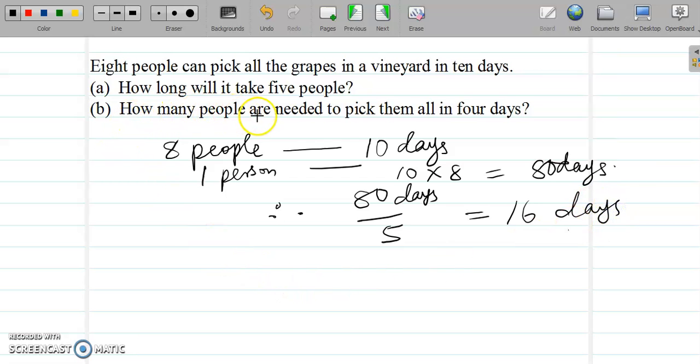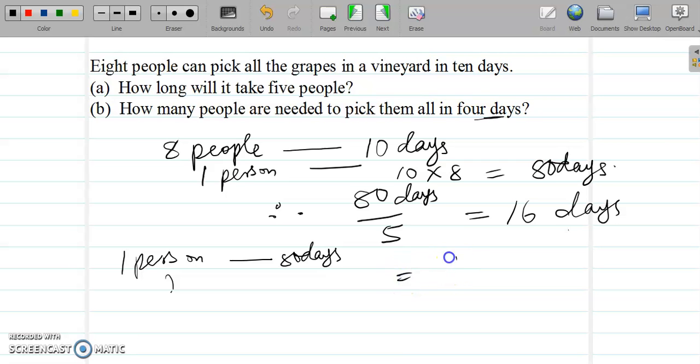How many people are needed to pick them in 4 days? So if one person does the work in 80 days, that means how many people are needed to do it in 4 days?